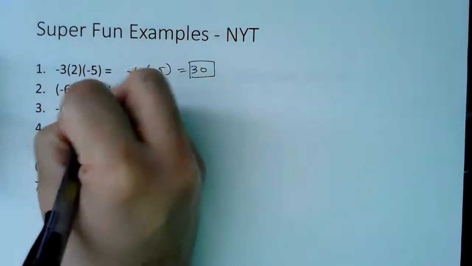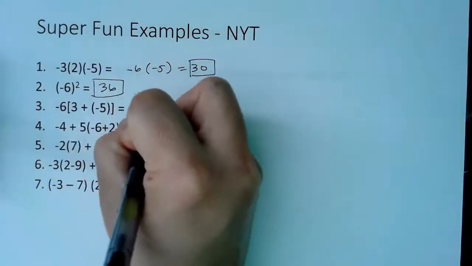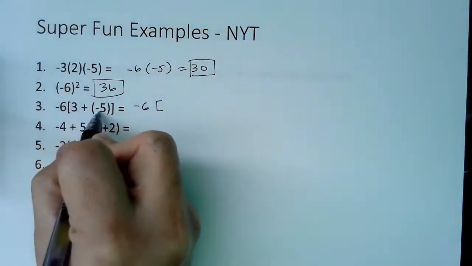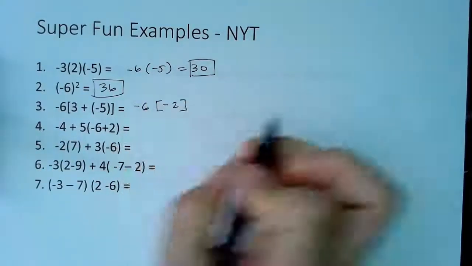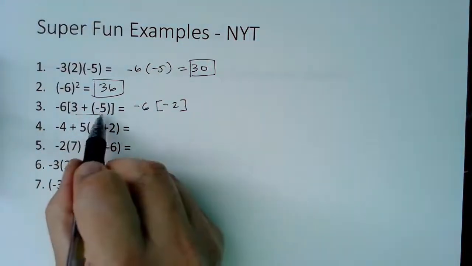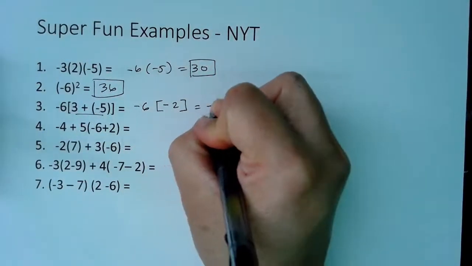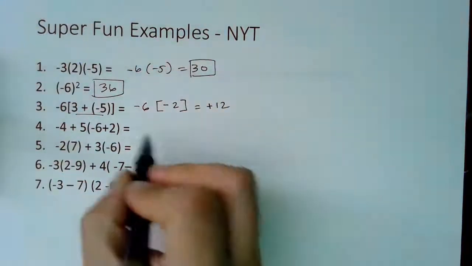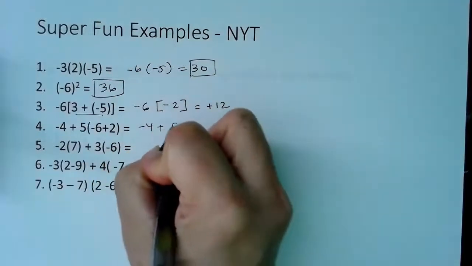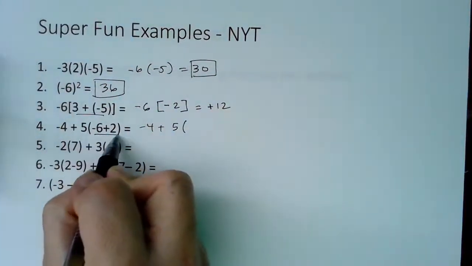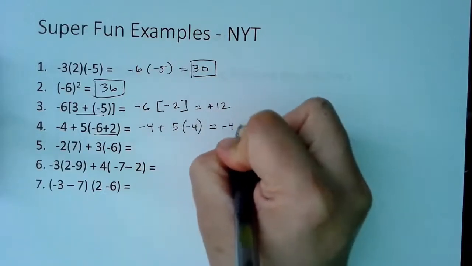It's positive. And then here you have to do parentheses first, so this is negative 6, and on the inside you have 3 plus negative 5. Remember, that's subtraction, negative 2, and you keep the sign of the larger. So then negative 6 times negative 2 becomes positive 12. Then here, negative 4 plus 5 times, in parentheses, negative 6 plus 2, which becomes negative 4.